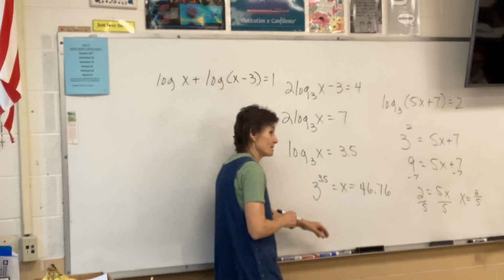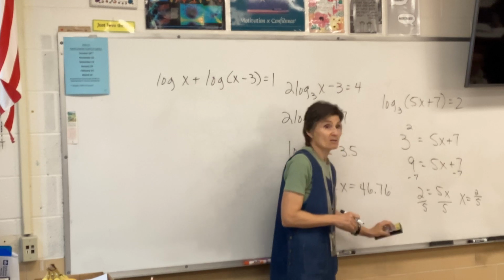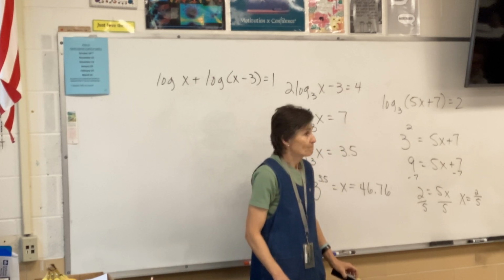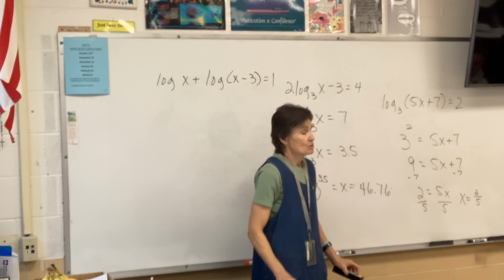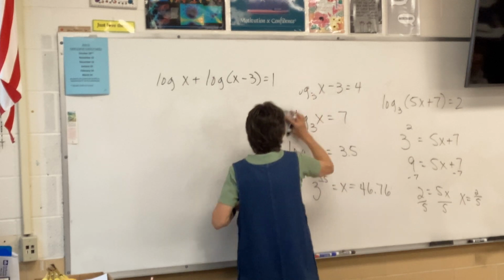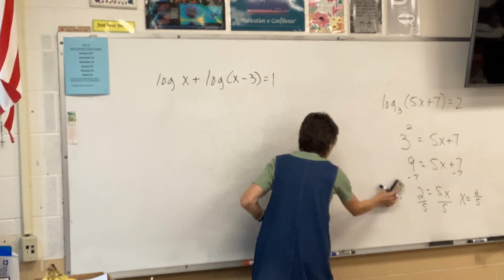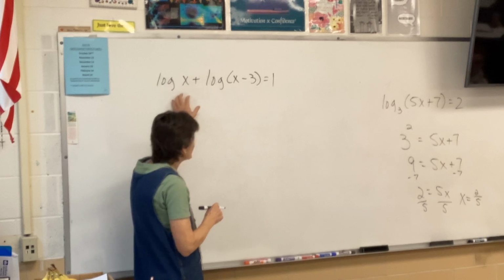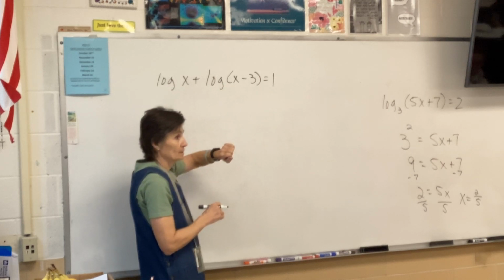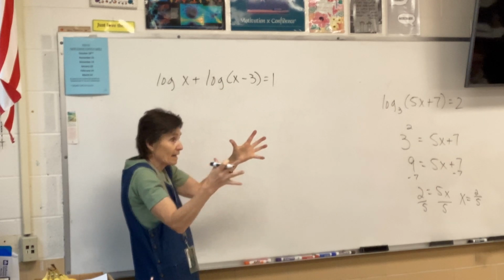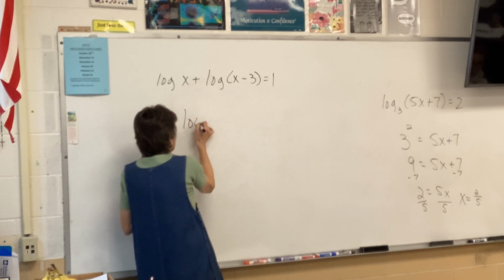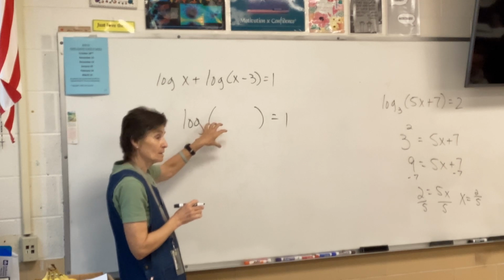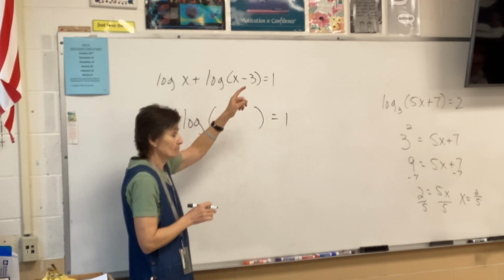Now listen to me, this is big. You can't solve an equation that has more than 1 logarithm on either side. It's not possible, okay? So if I am going to work on this equation, then I absolutely must find a way to put these together. I don't want to have 2 logarithms. I got to mush them together and have 1. That's solvable. This is not.